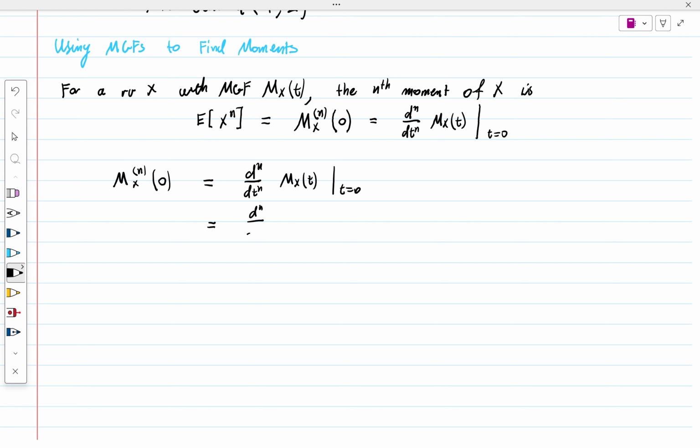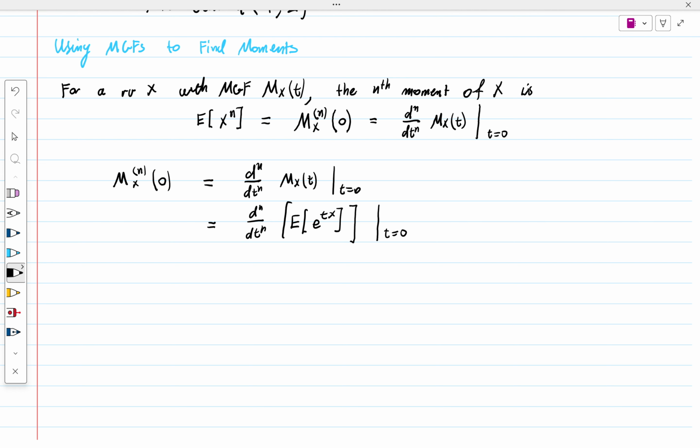Remember, the moment generating function is given by the expected value of e to the tX. And we're differentiating this, and then we're going to evaluate at 0. So far, so good.